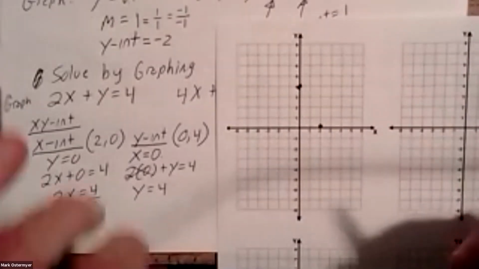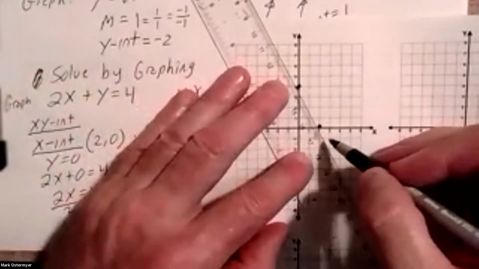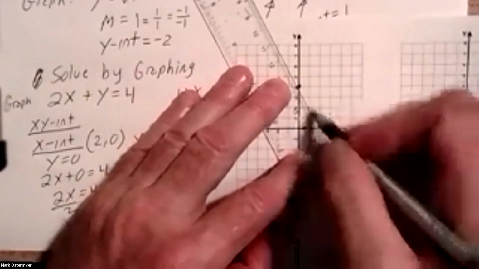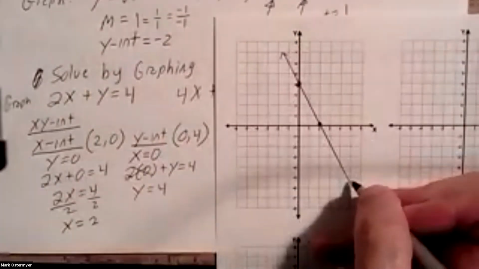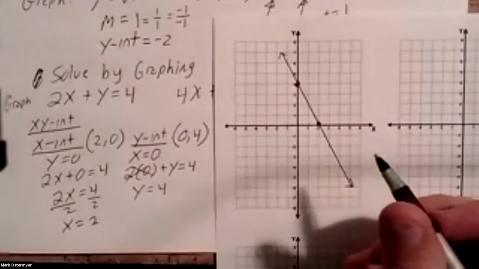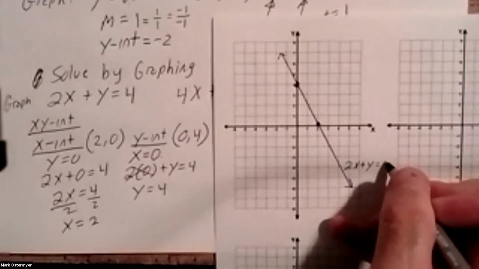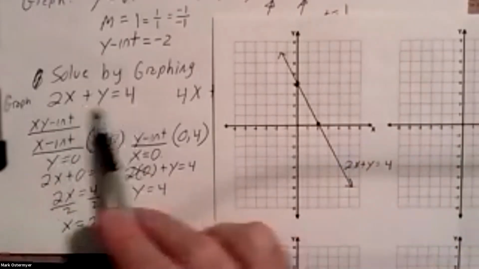Taking a ruler now, and putting a line through these points, we have the graph of that first equation in that system. This is the graph of 2x plus y equals 4. Questions on how we graph this first equation in our system?